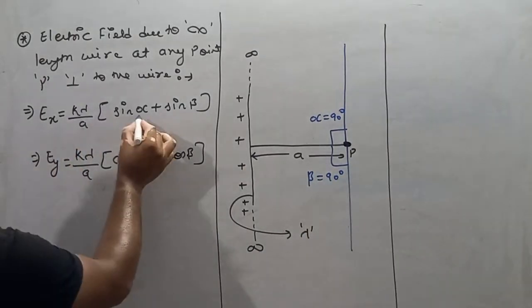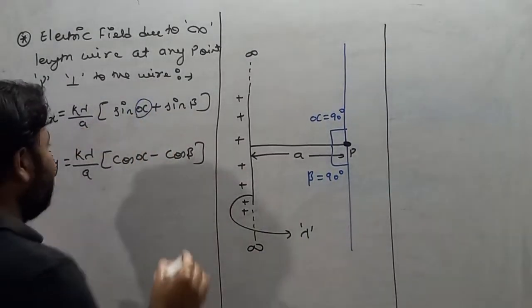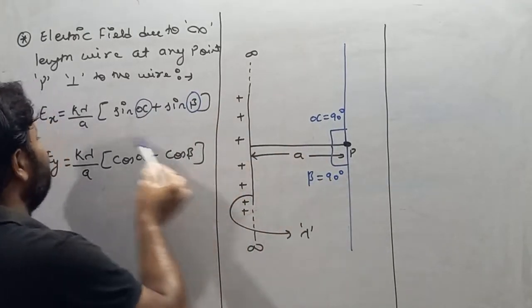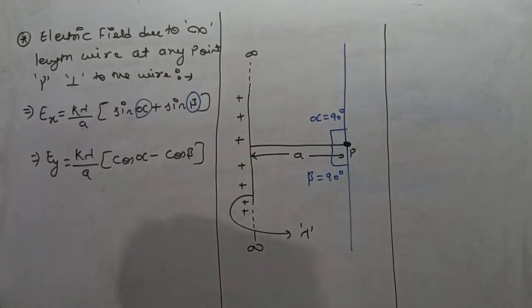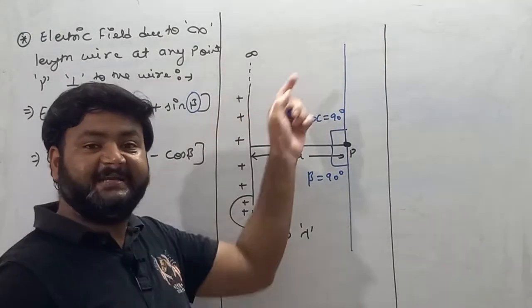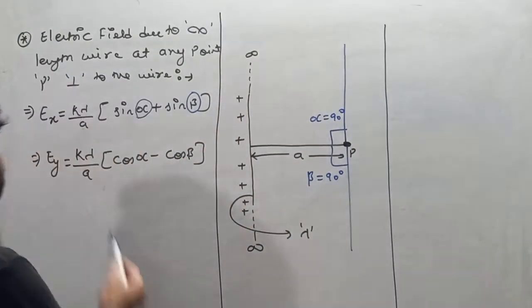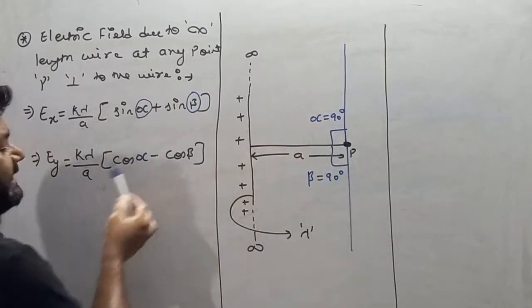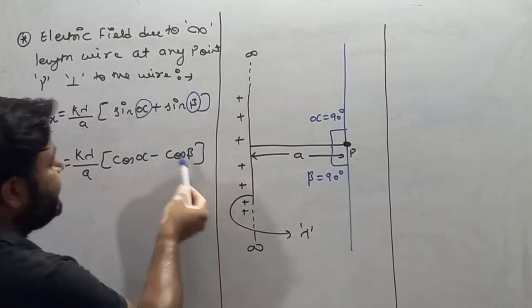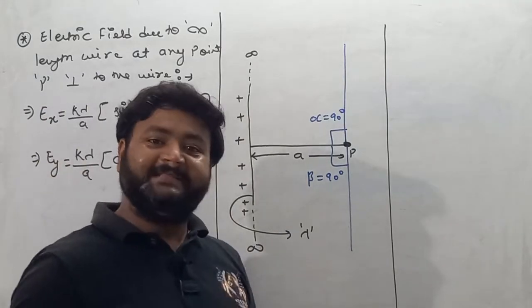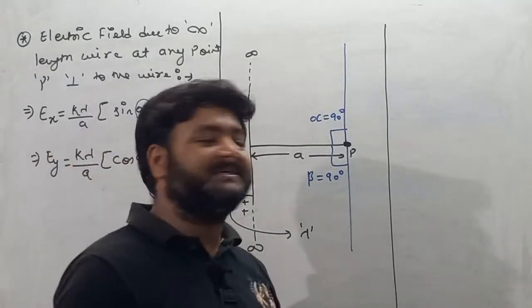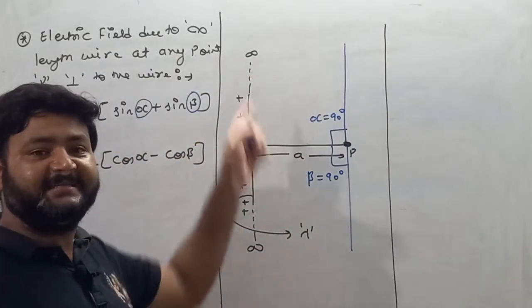So instead of alpha we'll put 90 and instead of beta we'll put again 90. So we'll get electric field along x-axis due to this infinite length wire. Similarly, electric field along y-axis, instead of alpha we'll put 90 degree and instead of beta again 90 degree. Then we'll get the component of electric field along y-axis due to infinite length wire.